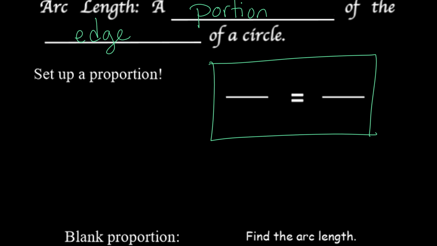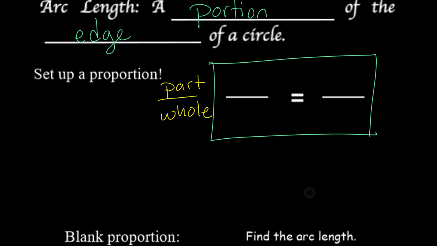You think the bigger one goes over the smaller one? Yes. The part goes over the whole. We did this way, way back in probability, right? When we were doing geometric probability, we put the part over the whole.